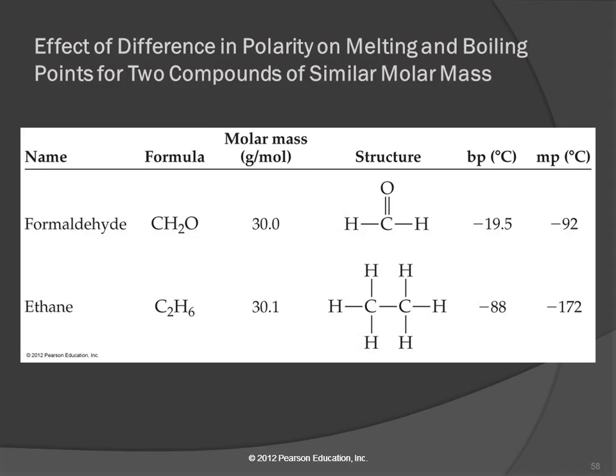Okay. So let's see if I can draw something here. So if we have another ethane molecule down here, we're talking about the strength of the attraction between those two molecules.